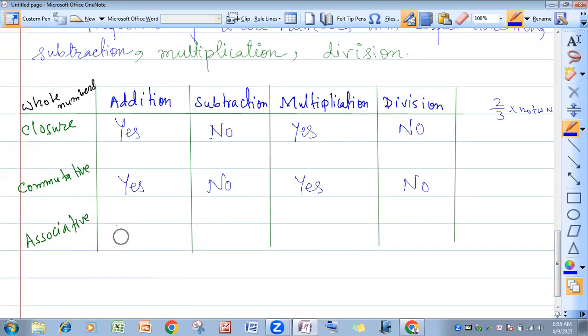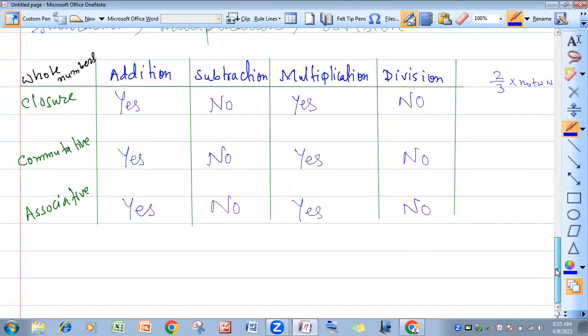Now associative. Associative with respect to addition will be satisfied, but subtraction will not be. Multiplication will satisfy, again division will not.